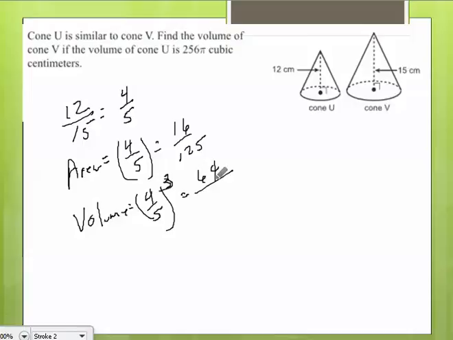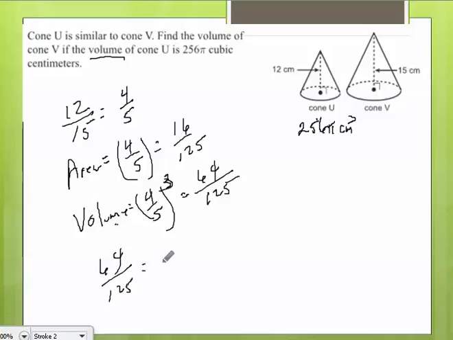And 5 times 5 times 5 is 125. Now they gave me this one over here, and they said this one was 256 pi, and that's cubic centimeters. That's centimeters cubed. So that means we're using volume here, right? Because they told us the volume of one. And we want to find the volume of the other one. So I'm going to write down my volume ratio, 64 over 125.